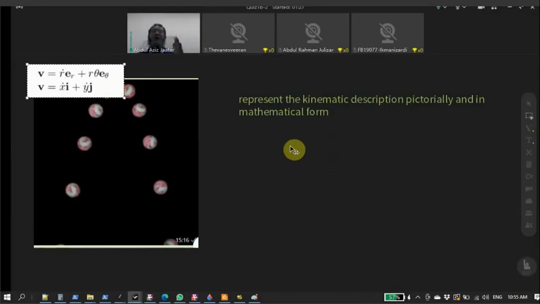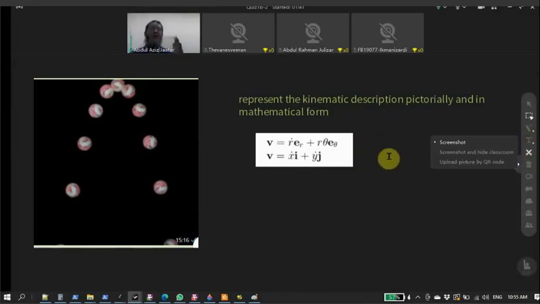Right, just now we have the vr and v theta, and then we have x dot and y dot for Cartesian. So we have spherical polar and we have Cartesian coordinate system, right?